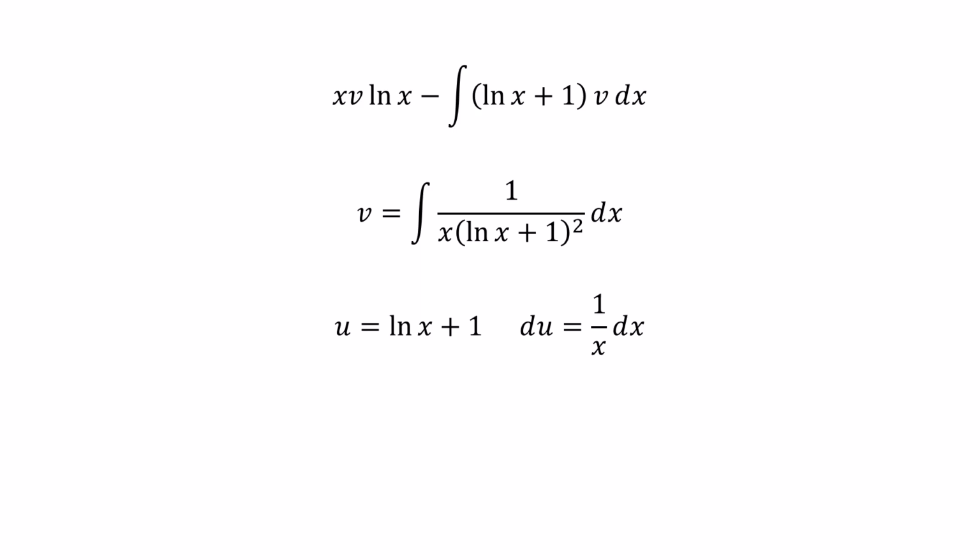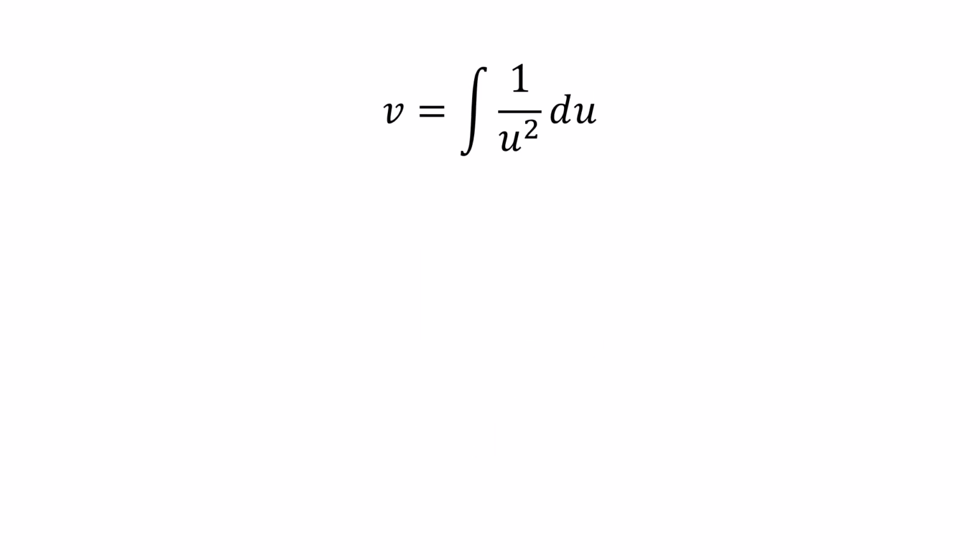Substituting into the integral then gives v equals the integral of 1 over u squared du. In terms of negative exponents, this is v equals the integral of u to the negative 2 du.